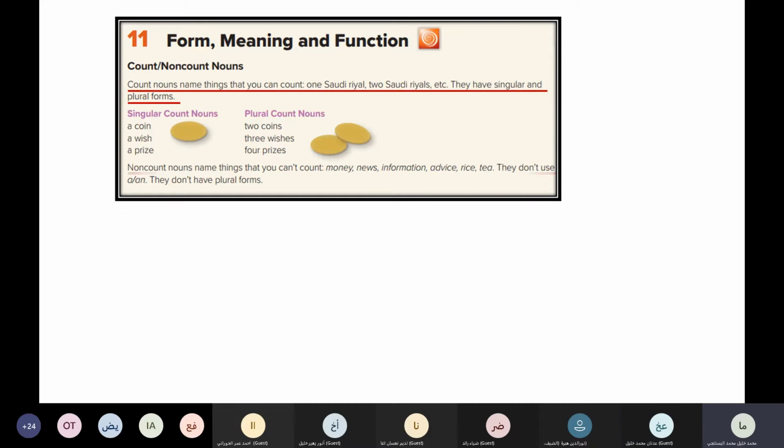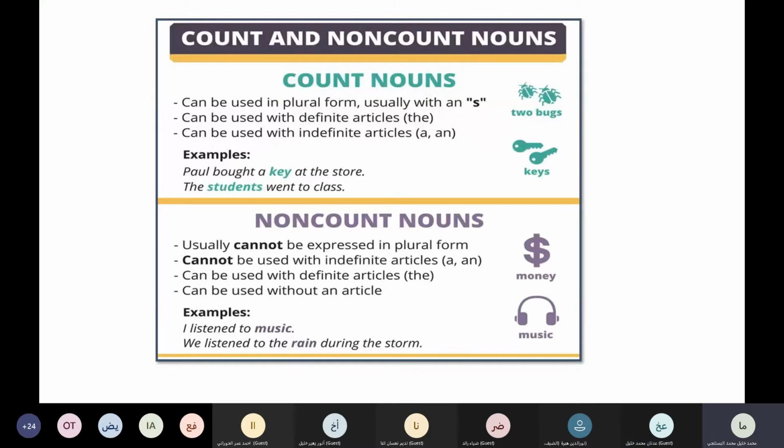Look here. Okay. Count and non-count nouns, the same idea. Countable nouns can be used in plural form, usually with an S. They can be used with the definite article the, or indefinite articles a or an. Look at the examples. Paul bought a key at the store.